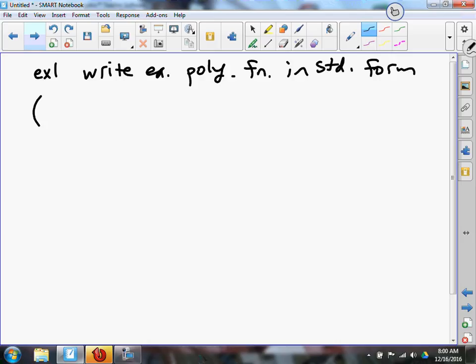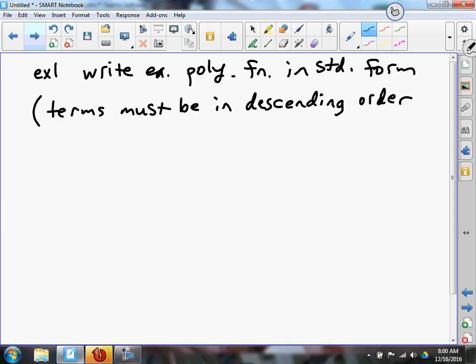You have to write the terms in descending order by degree. In other words, the biggest exponent first, then the next biggest exponent next, and so on.